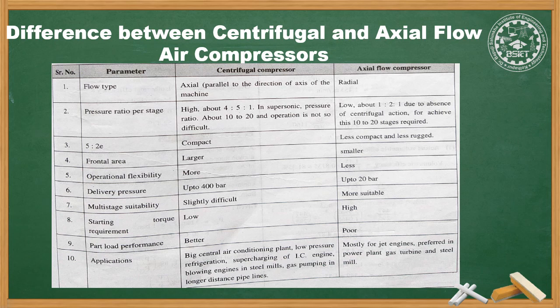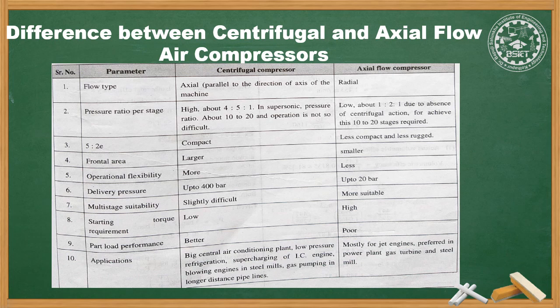Pressure ratio per stage is high in centrifugal compressor, that is about 4 to 5 to 1, and in axial flow compressor it is less, that is about 1 to 2. Size of centrifugal compressor is compact, and axial flow is less compact. Frontal area of centrifugal compressor is larger as compared to the axial flow compressor.